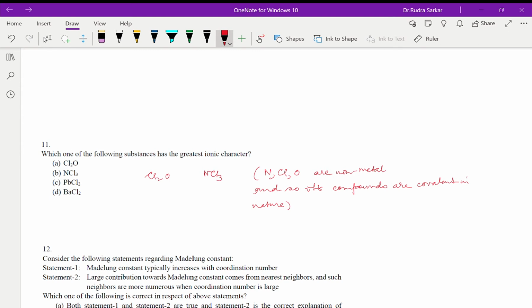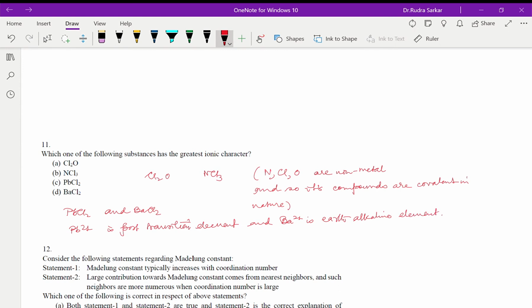Now among PbCl2 and BaCl2, Pb is a post-transition element and Ba is an alkaline earth element.